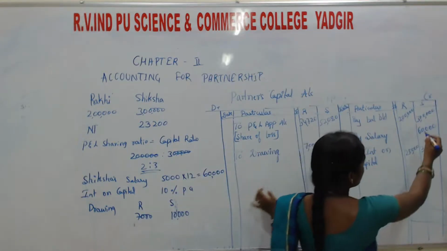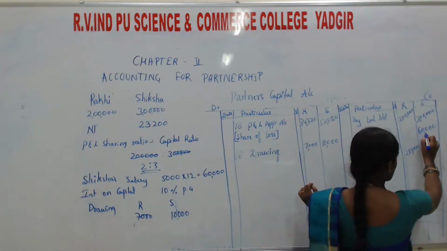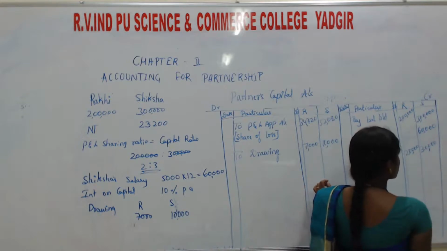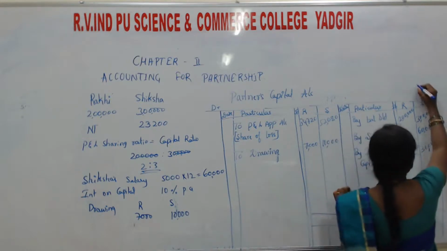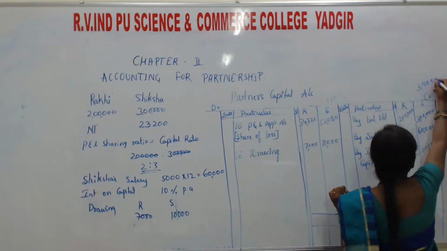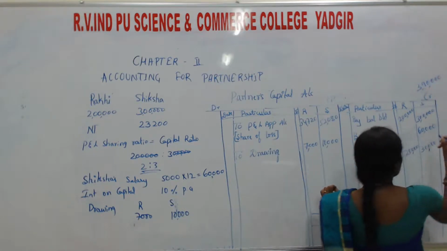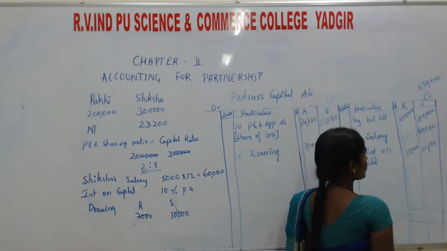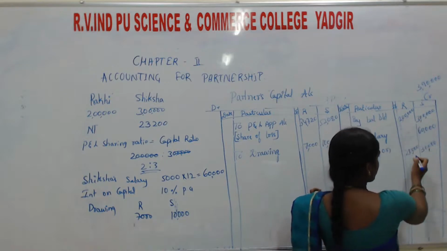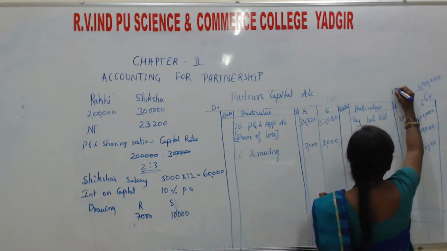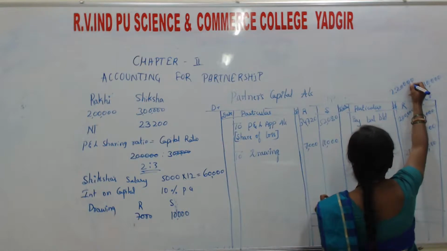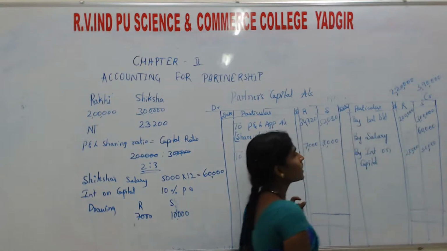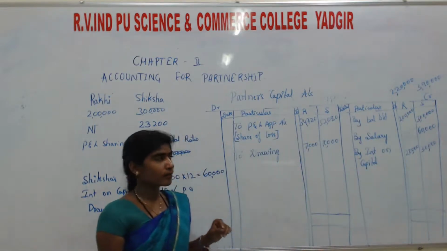See first 3 lakh plus 60,000 plus 30,000, 3 lakh 90,000, credit total of Shiksha. Then 2 lakh plus 20,000, 2 lakh 20,000 credit total of Rakhi.